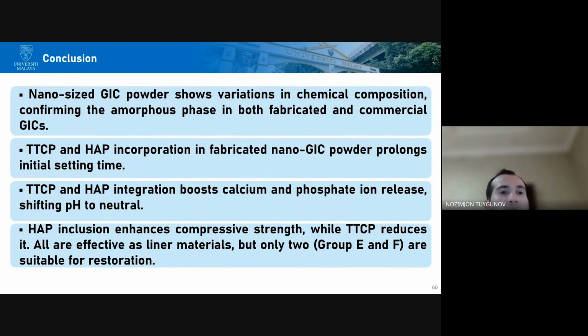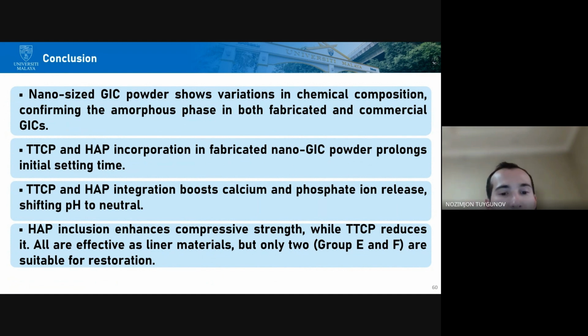Well, as a conclusion, we can say that nano-sized GIC powder shows variation in chemical composition, confirming the amorphous phase in both fabricated and commercially available products. TTCP and HAP incorporation in fabricated nano-sized GIC powder prolongs initial setting time.